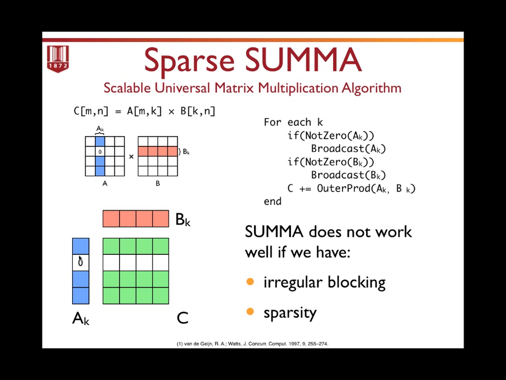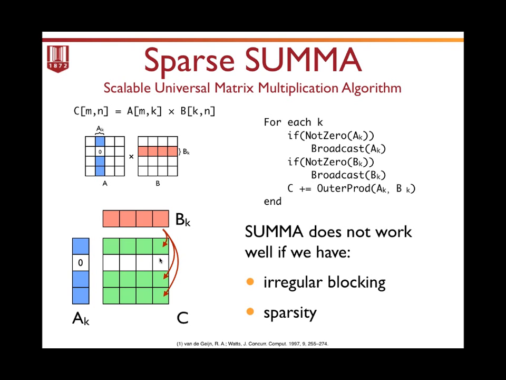So for iteration k where this tile is 0, we're not actually going to broadcast this tile. We're still going to broadcast this tile across this row and these tiles across these rows of C. And similarly, we're not going to broadcast the tiles of B to the nodes that aren't going to actually do any work.